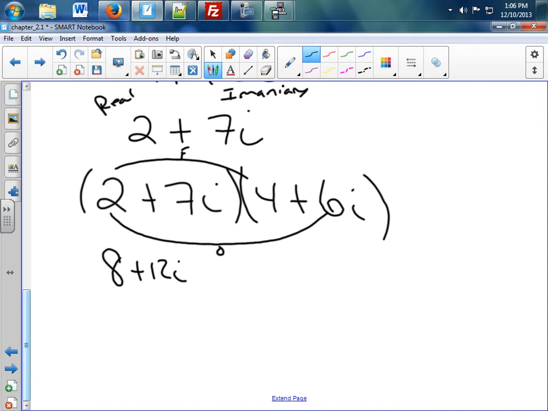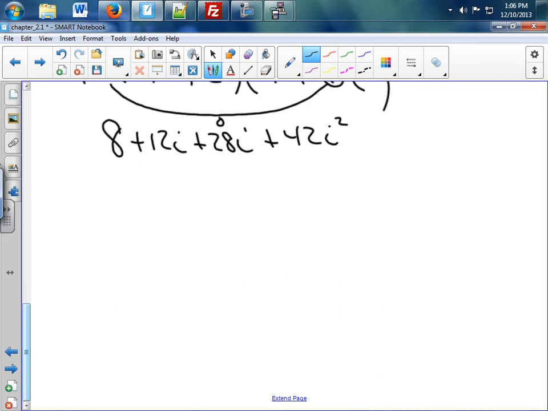You take your inside, plus 28i, and your last one's plus 42i squared. And James, what's the one thing you had to remember? i squared equals negative 1. Remember that when I call on you in a moment.